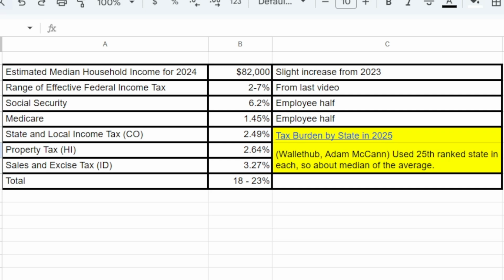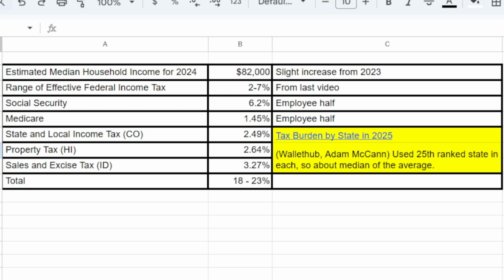For state and local income tax, Colorado was 25th at 2.49%. That's the effective tax burden on individuals in Colorado. For property tax, Hawaii was 25th at 2.64%. Sales and excise tax, Idaho was 25th at 3.27%. Again, I used basically the middle of the averages for each state.